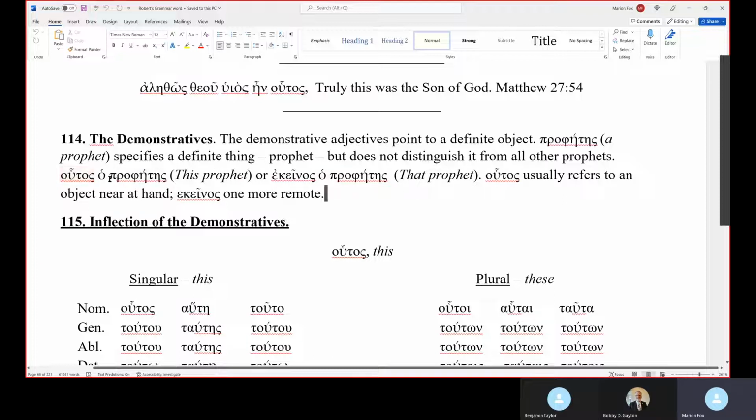Hutos ho prophetes is this prophet, or ekeinos ho prophetes is that prophet. So this one is the near one, and that is the distant one.